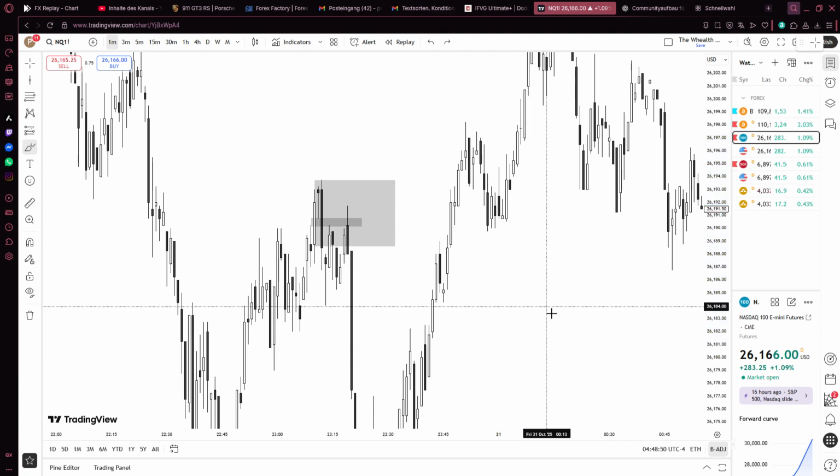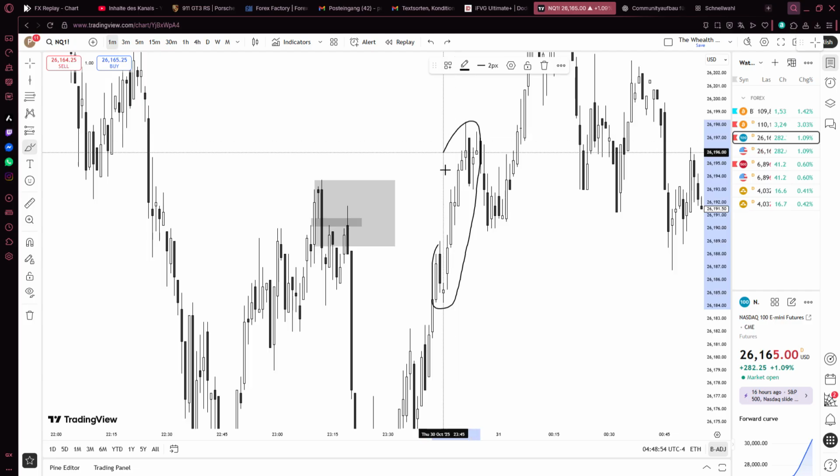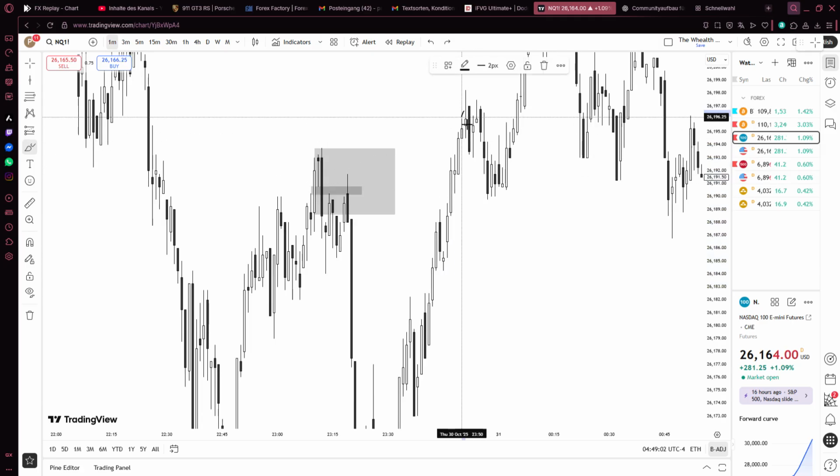Why didn't we go lower? Because you should say that all of this is the order block. These are the upwards candles which swept the liquidity, not only this candle, the last up close candle.